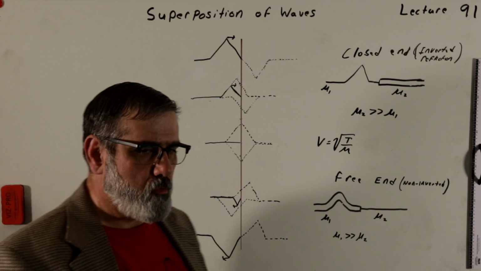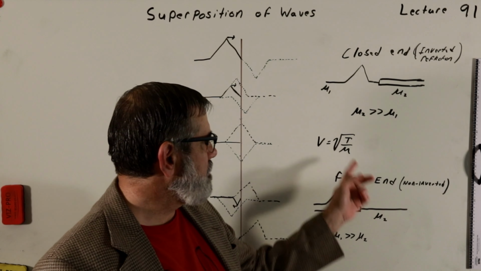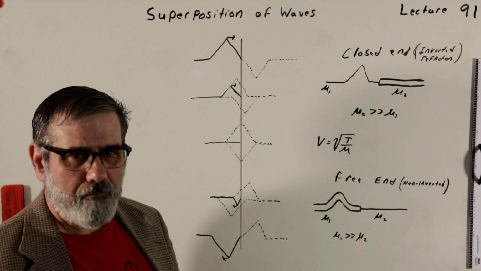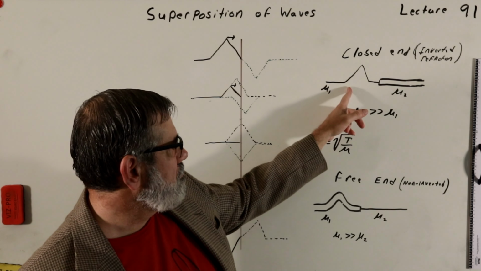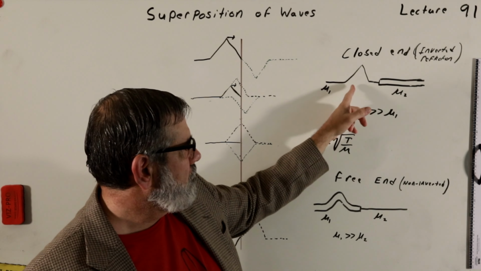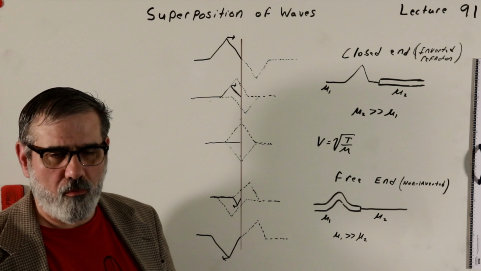Now, of course, you can choose something in between, right? What if these masses were the same? If the linear density was the same, it's like it's the same rope. If these are the same, the wave speeds are the same. So in that case, we'd expect no reflection.